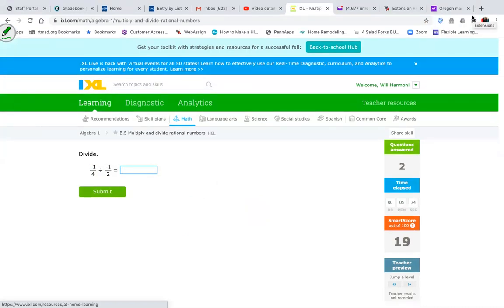Now with questions like this one where I need to divide, here's the trick. When you're dividing fractions, you multiply by the reciprocal. So the reciprocal means you just flip the second fraction.